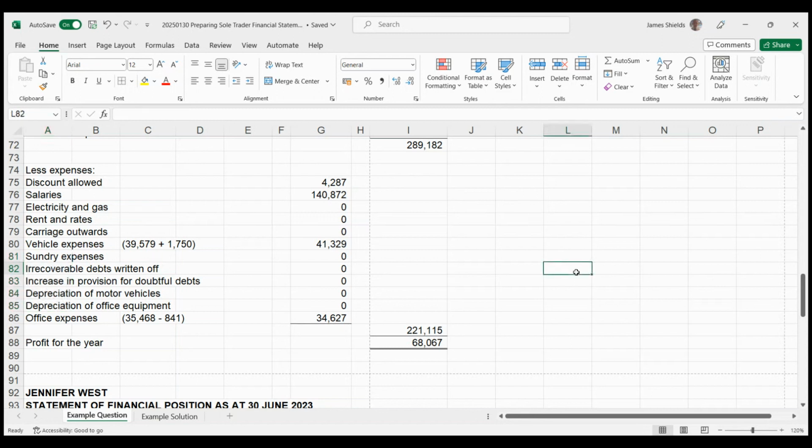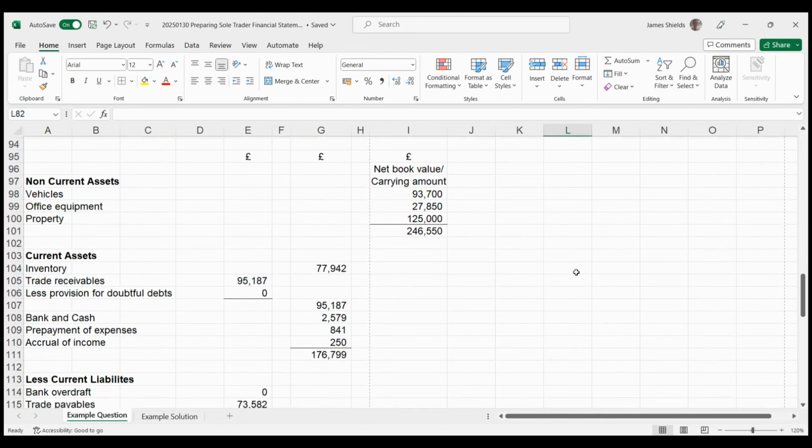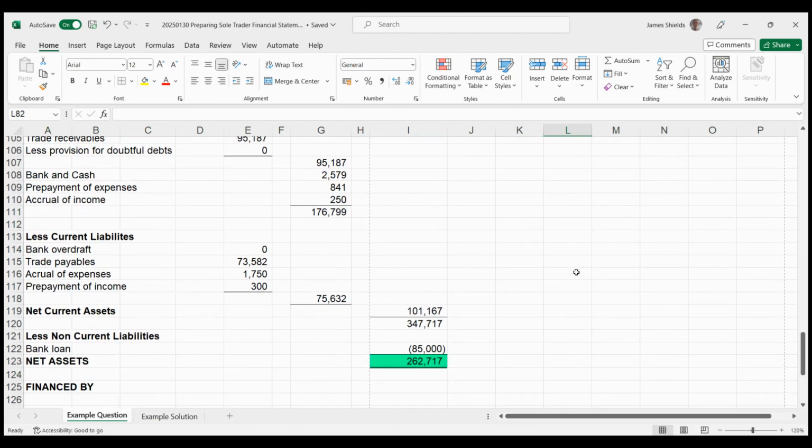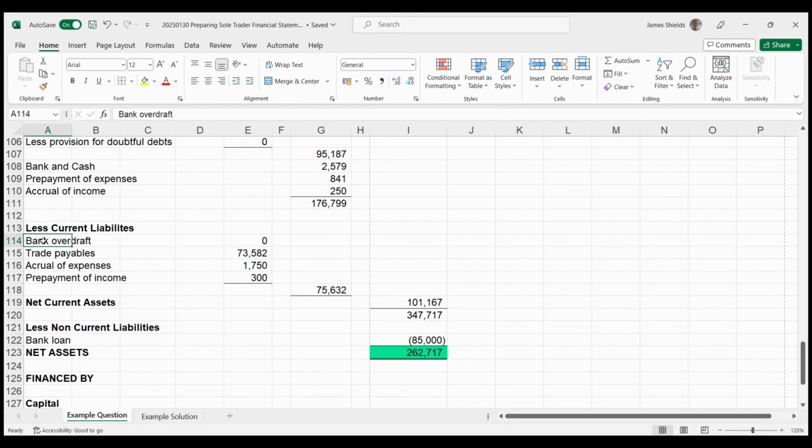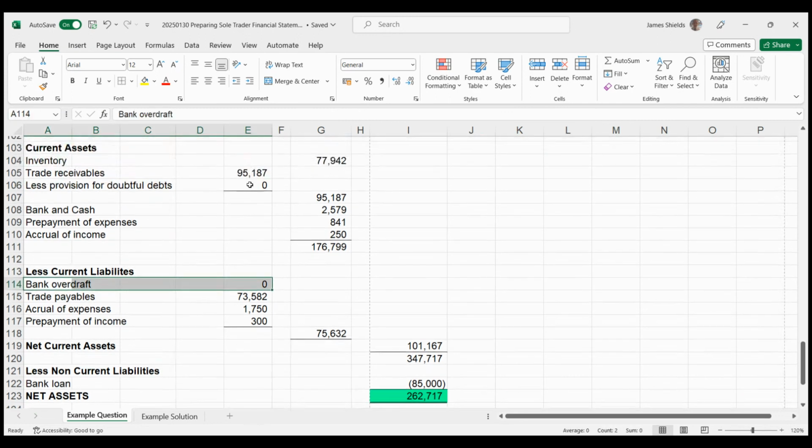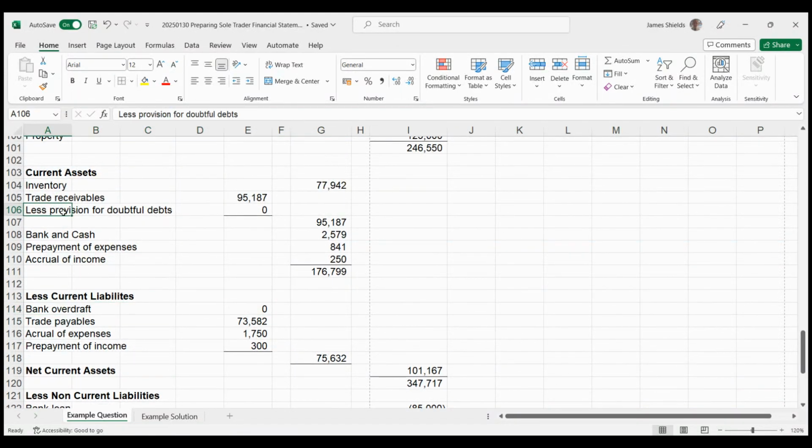You only want to include the lines that have got figures. For example, here I've got bank overdraft, you don't need to include that. If you've got provision for doubtful debts and it's 0, you don't need to include it, but then you can put the £95,187 in the middle column, just like the other current assets.